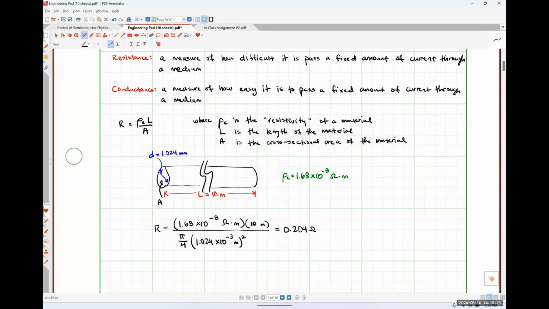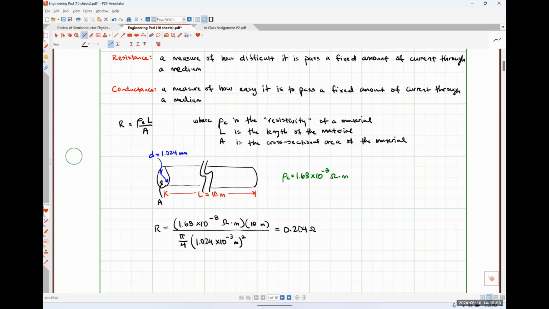So also, just a couple of things here. The length of this wire is 10 meters, or roughly 31, 32 feet. If our wire was only a couple of inches long, do you think this resistance would be larger or smaller than its current value of 204 milliohms?